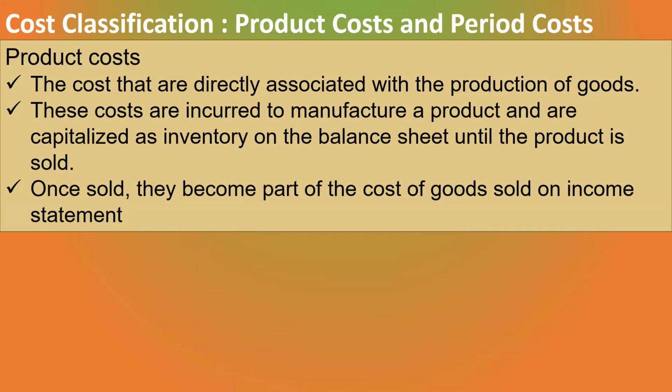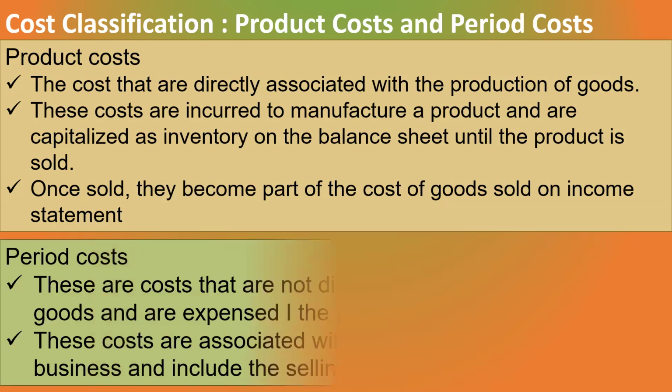We have three types of inventories: raw material, work in process, or finished goods inventory. So these are capitalized on the balance sheet until the product is sold. Once sold, they become part of the cost of goods sold on the income statement. So this is our product cost.